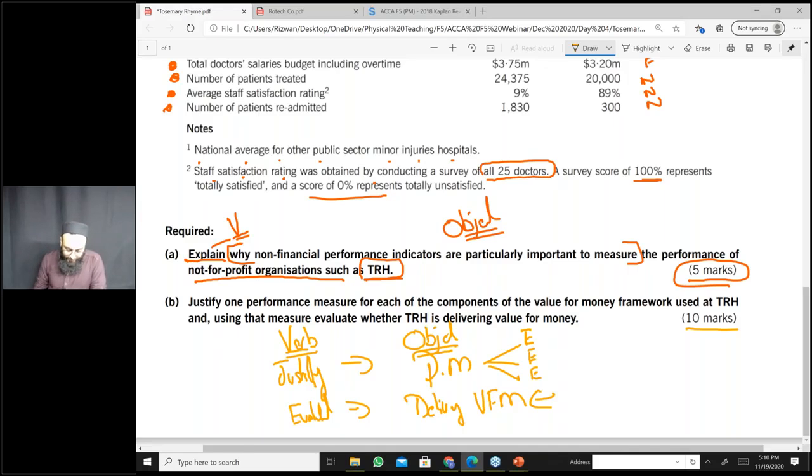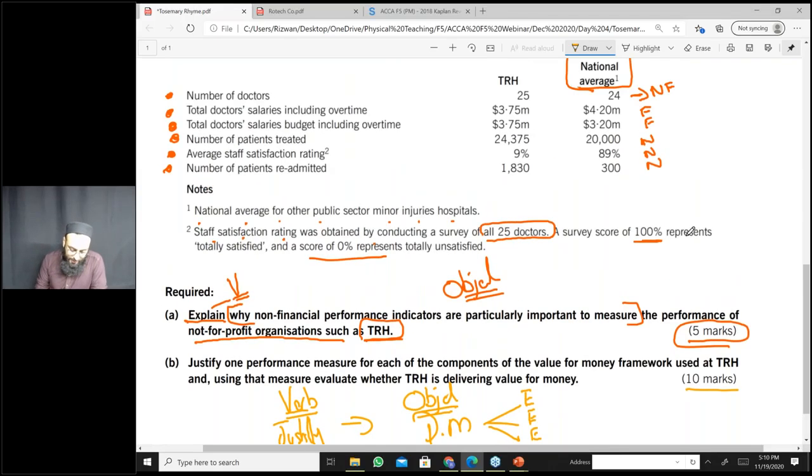Now we have the indicators above. Let's start very quickly, and let me see what you people will work out. Let's start with the first one, economy. What will be the indicator? Come on, tell me.